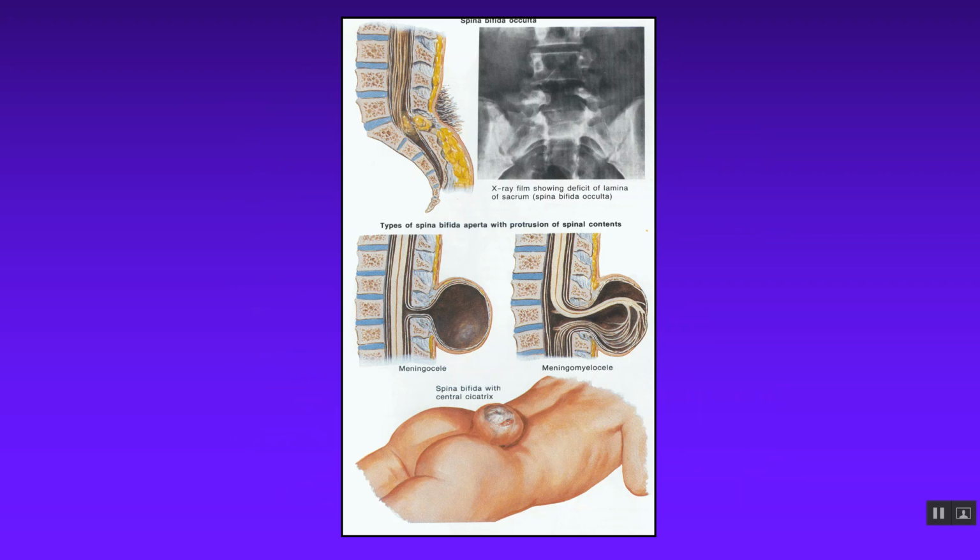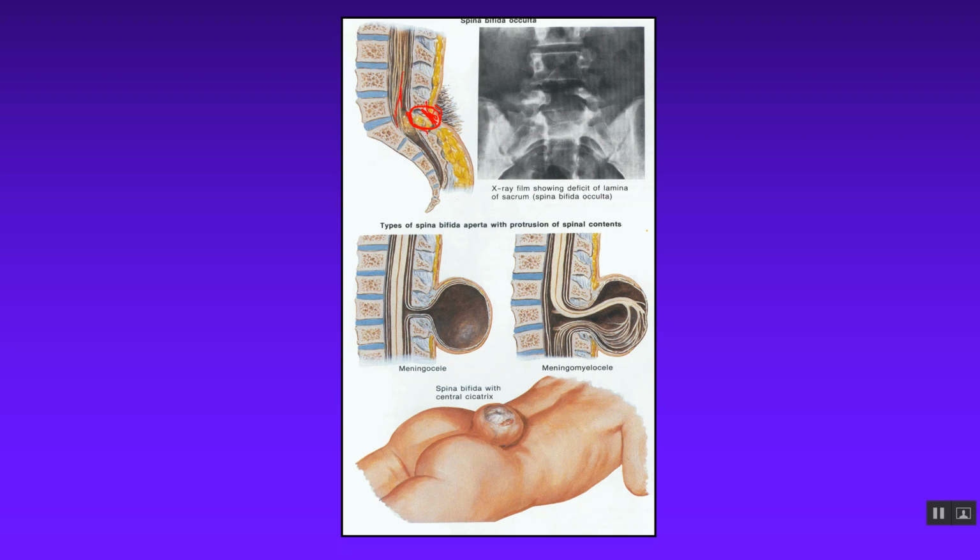So this first one up here, from a good old Netter book, is spina bifida occulta. This is where you get failure of the caudal neural tube, but the meninges are mostly okay and the spinal cord's okay.